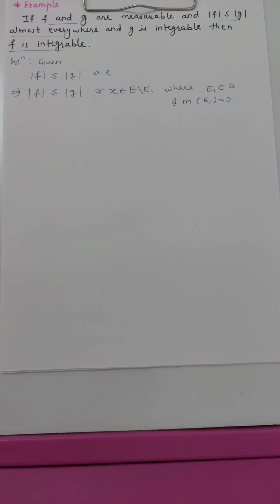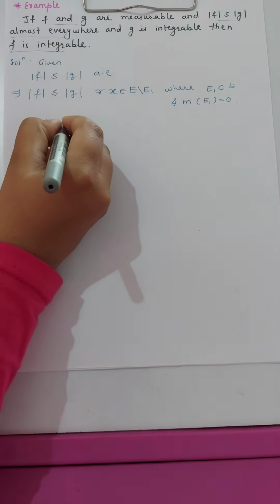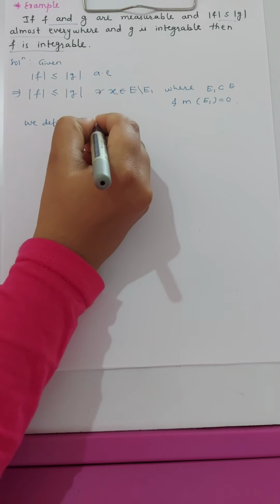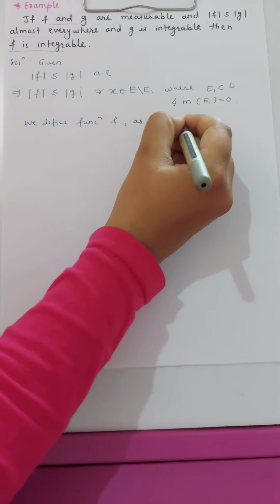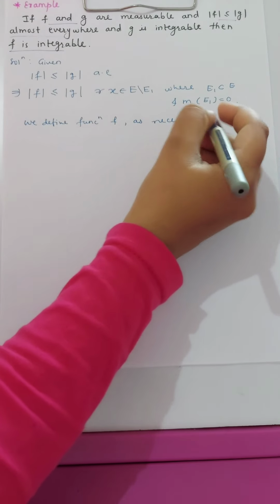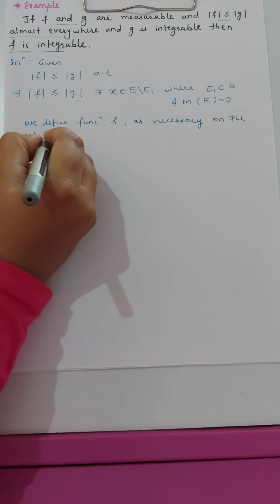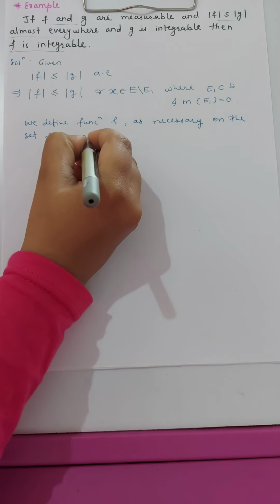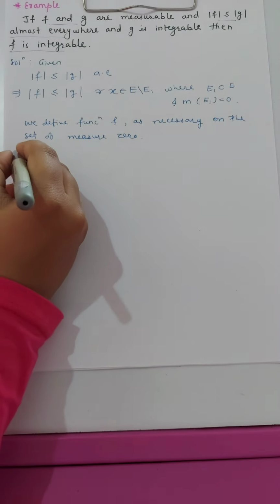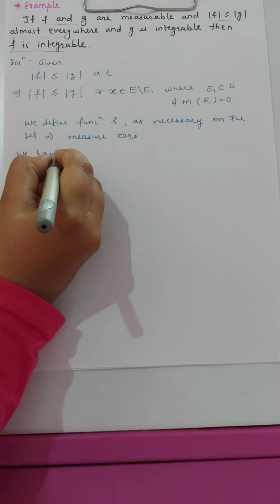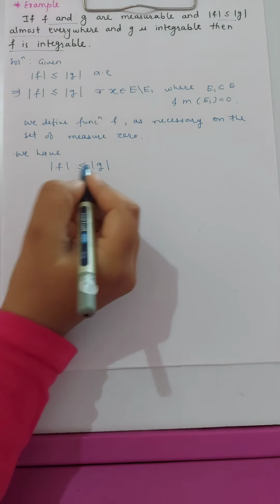Now we define function f as 0 on the set of measure 0. Now we have mod f less than or equal to mod g.